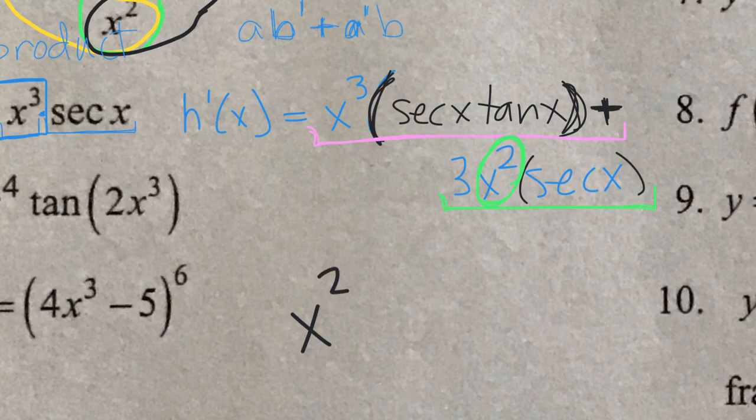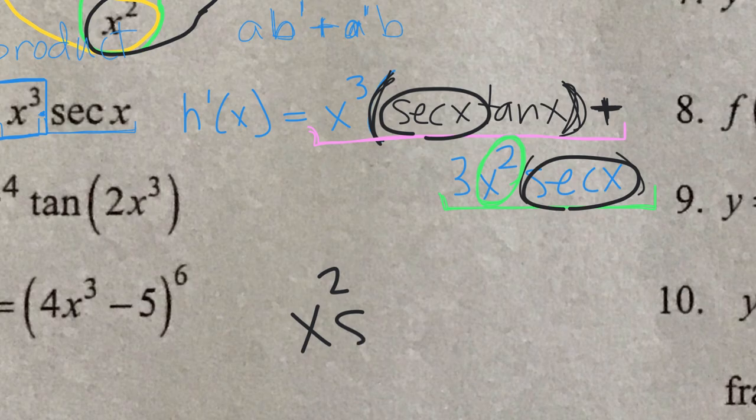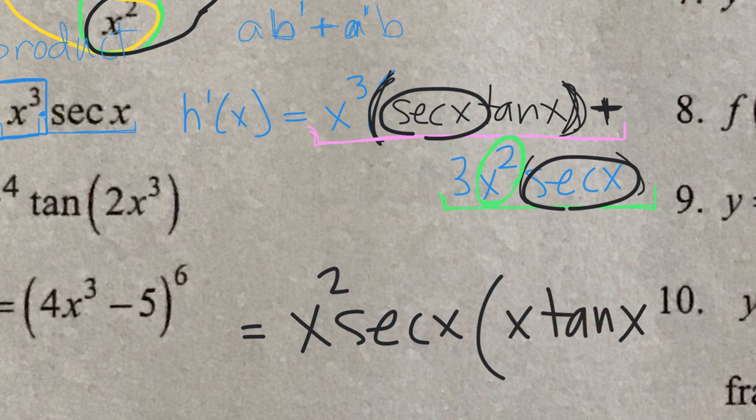What else do they have in common? They have secant. So because they have both of these things in common, we can factor them out. Okay, leaving me with x tan x plus 3, I believe, right? The x squared is gone, the secant is gone, only 3 is left.